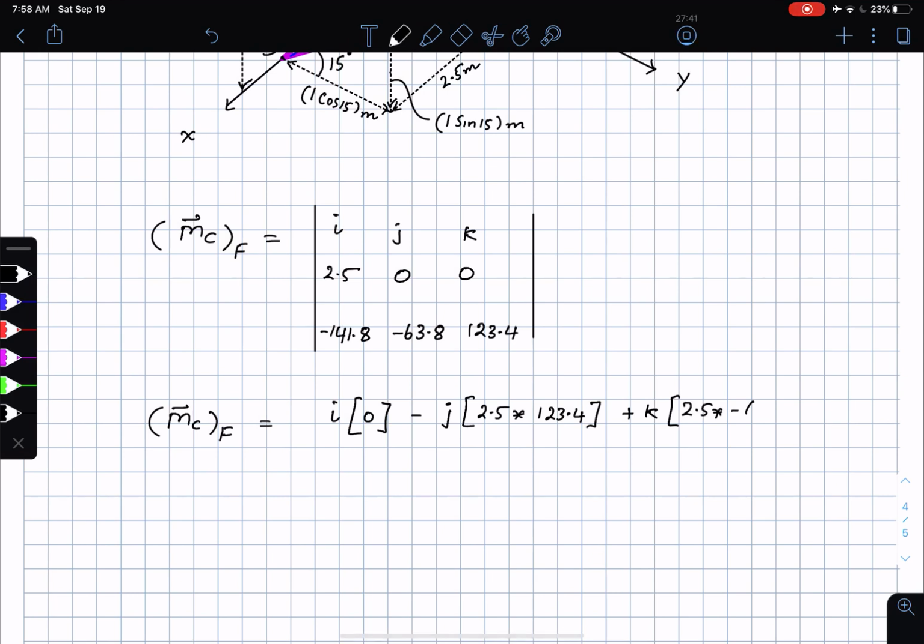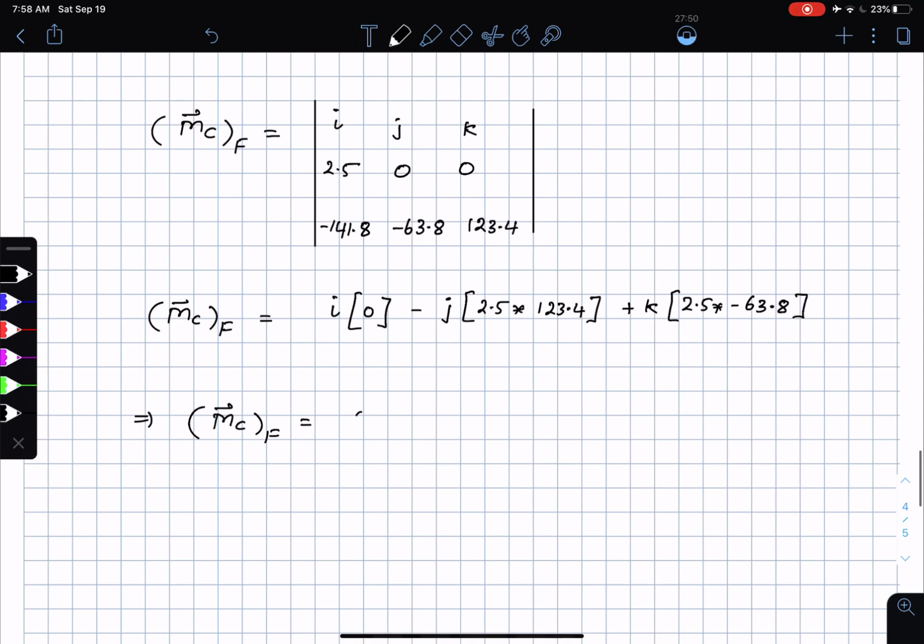I unfortunately did not simplify this, so I'm just going to keep it this way. So this is going to be 0i minus 2.5 times 123.4j, and then minus 2.5 times 63.8k. So this is so many Newton meters.